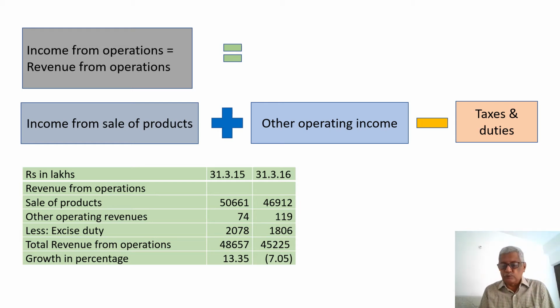But whenever they produce sugar, there is a byproduct generated which is called molasses. So whether the company wants it or not, whenever there is a production of sugar, molasses gets generated, and molasses gives you very good income, because molasses is used for production of IMFL, Indian made foreign liquor. So in this case, the income from sale of molasses will be other operating income.